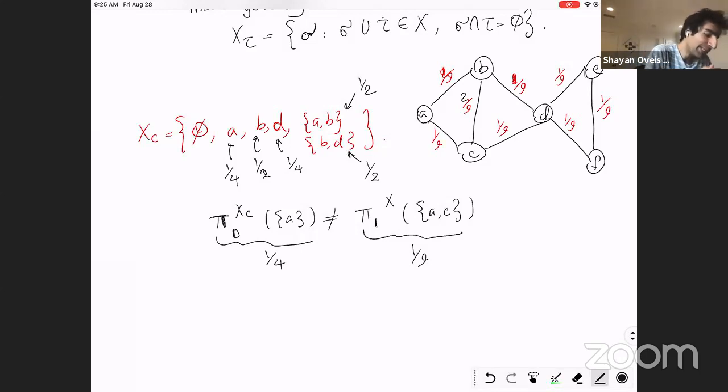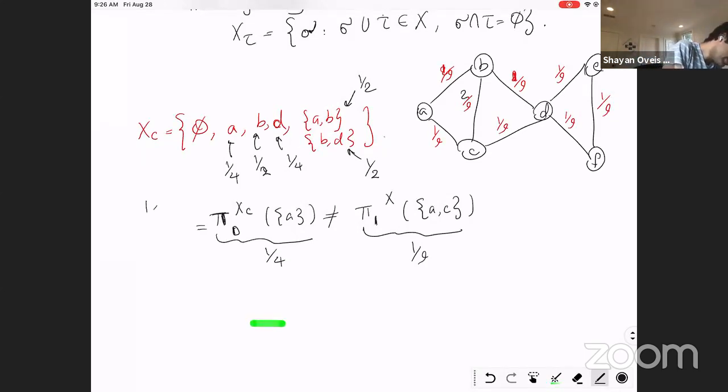So AC, BC, and DC, their probabilities were 1/9, 2/9, and 1/9. So the conditional probability of A would be 1/9 over the sum, which is 1/9 plus 2/9 plus 1/9, which would be 1/4. Right? So this probability is equal to 1/9 over 1/9 plus 2/9 plus 1/9, which is equal to 1/4.